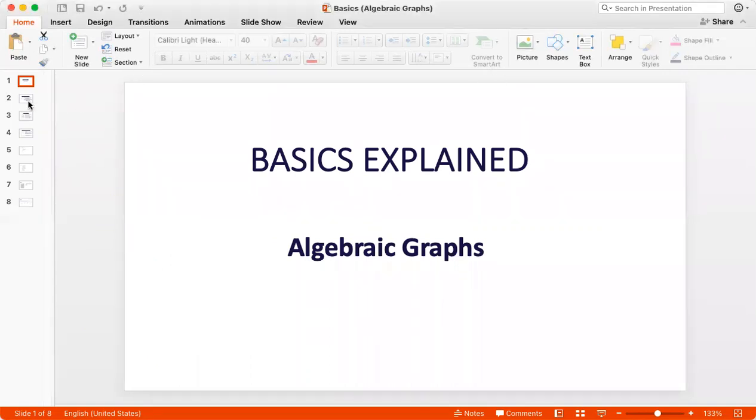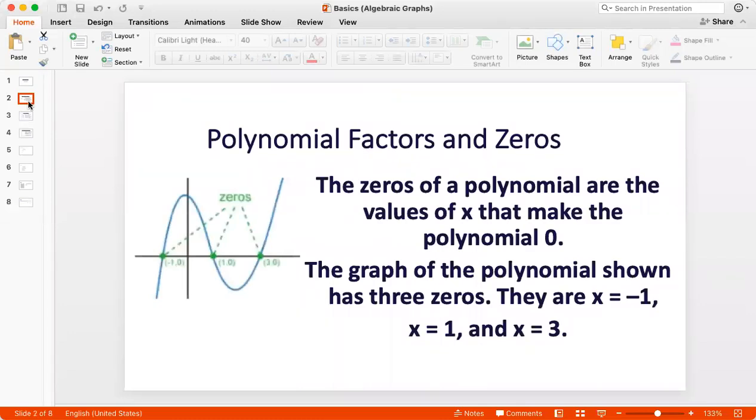So let's begin. First, let's understand the concept of a function as represented on a graph and what the intercepts for this function stand for. So if you look at this function here, I notice that this function touches the x-axis at -1, at 1, and at 3. These are called the roots or the solutions of the function, right?